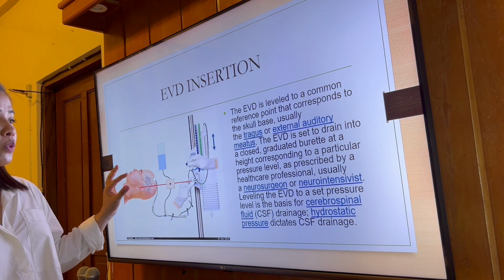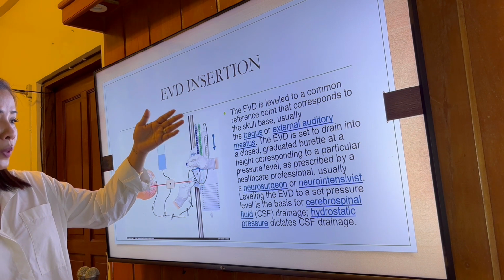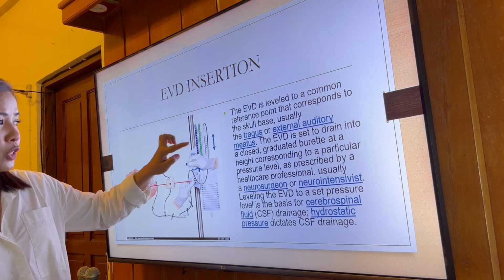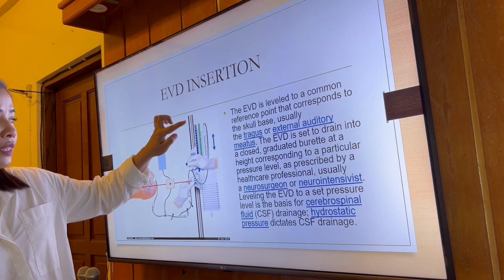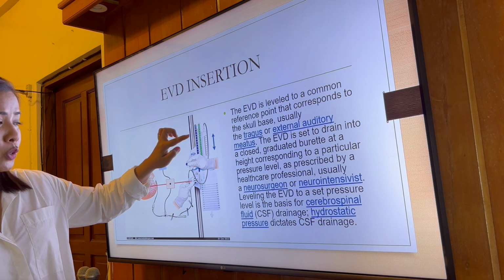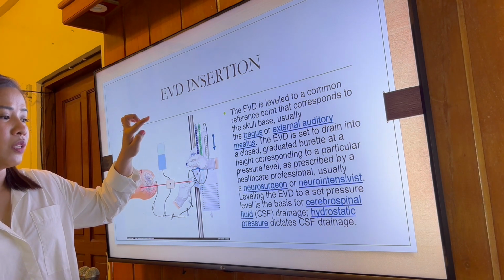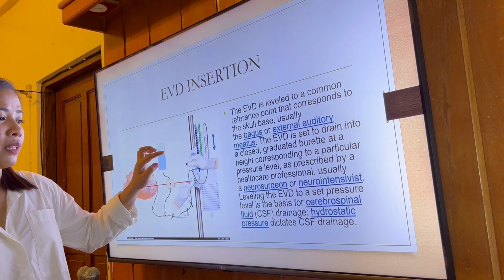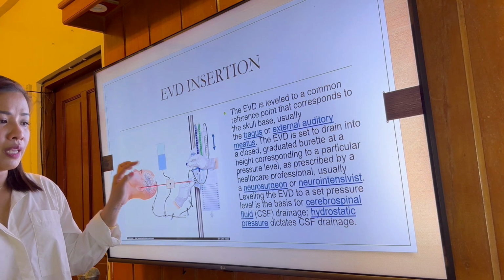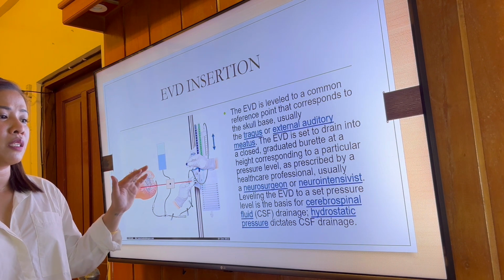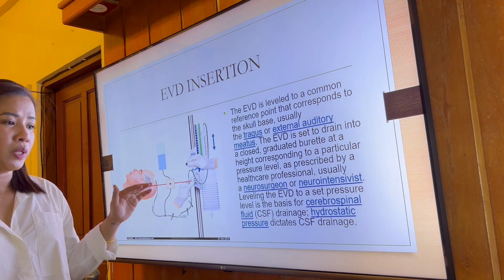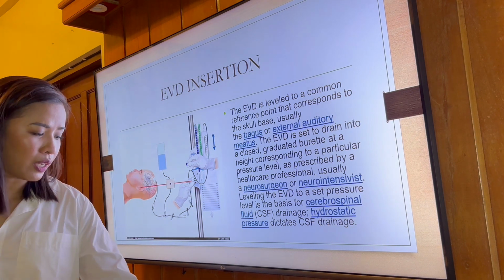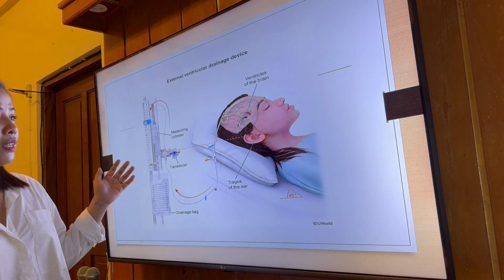The EVD is set to drain into a closed graduated burette here to a particular pressure level, and this pressure is prescribed usually by a neurosurgeon or neurointensivist, and leveling of the EVD to a set pressure is the basis for cerebrospinal fluid drainage. Hydrostatic pressure dictates CSF drainage. So this is how it looks like.